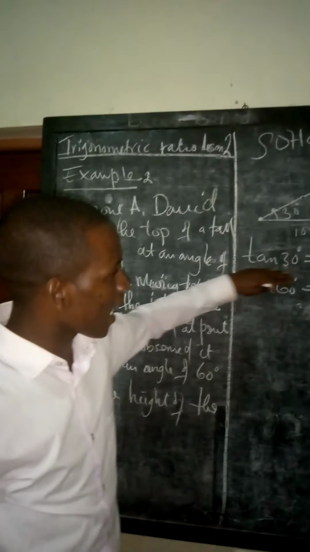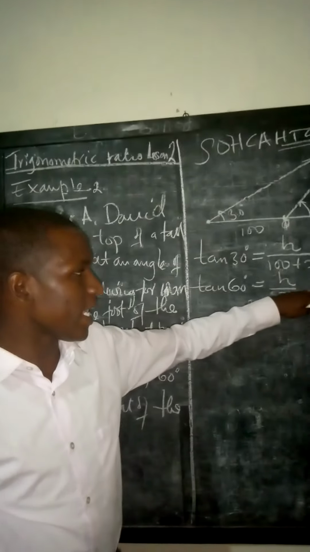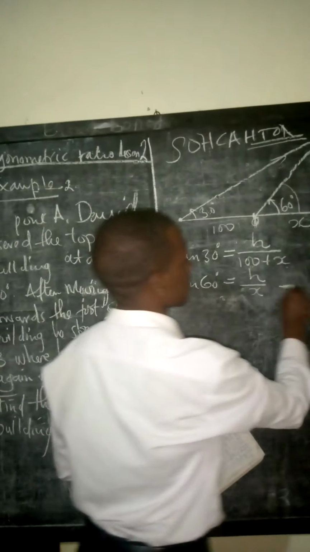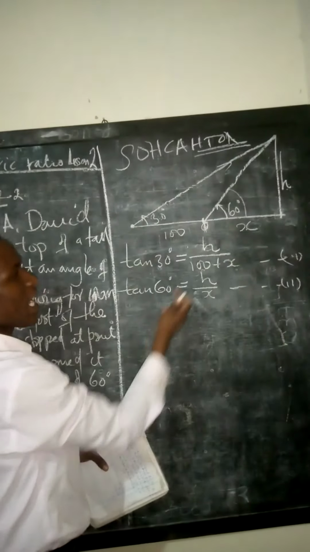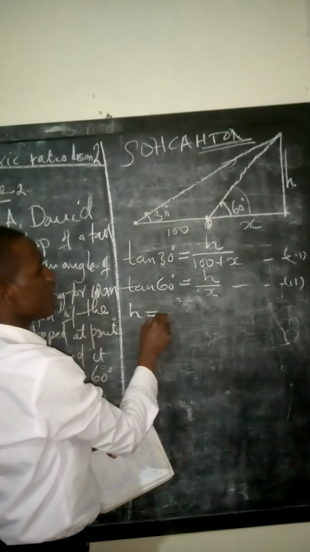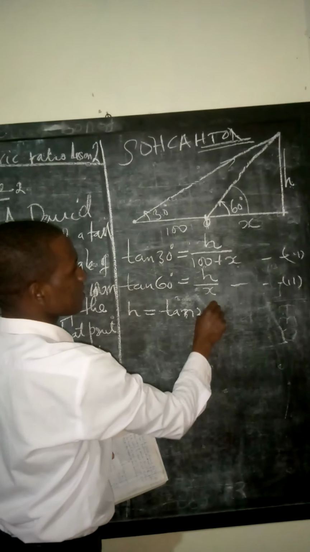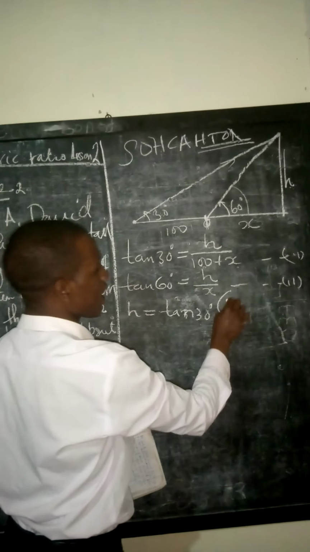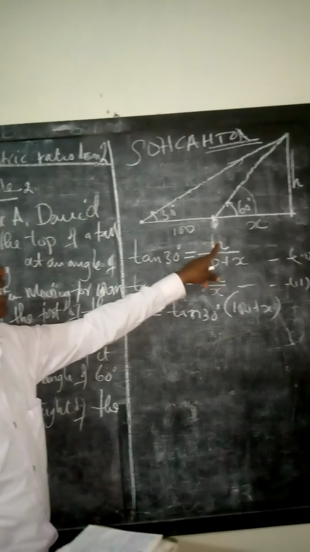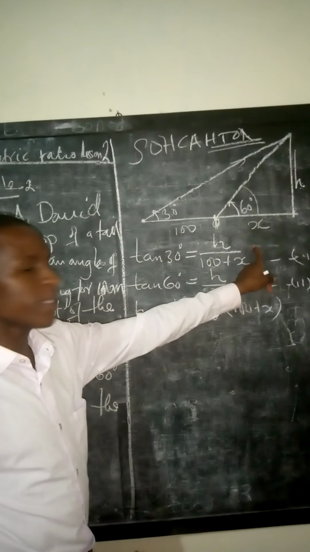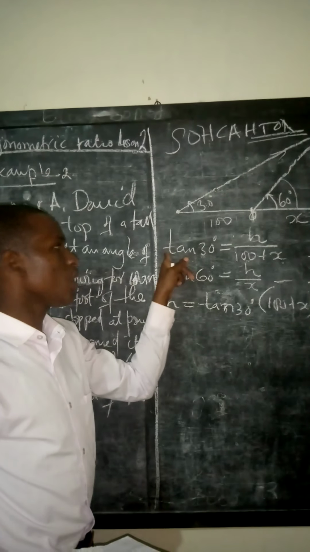Therefore, we can make h in the first equation the subject of the formula, and also make h in the second equation the subject of the formula. In our first case, h will be equal to tan 30 degrees in bracket 100 plus x. If you multiply with 100 plus x, you eliminate the denominator, and you do the same to the other side.